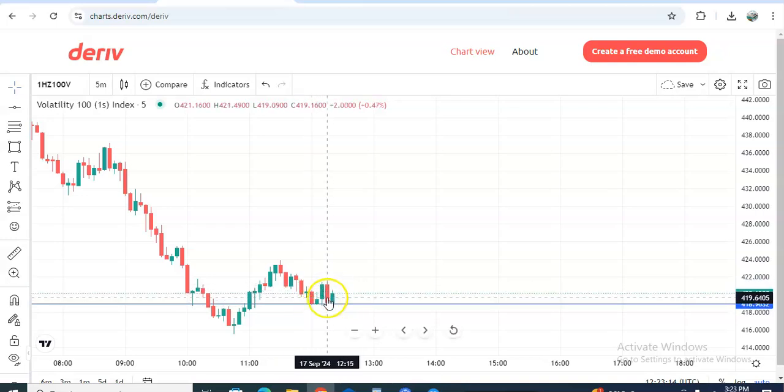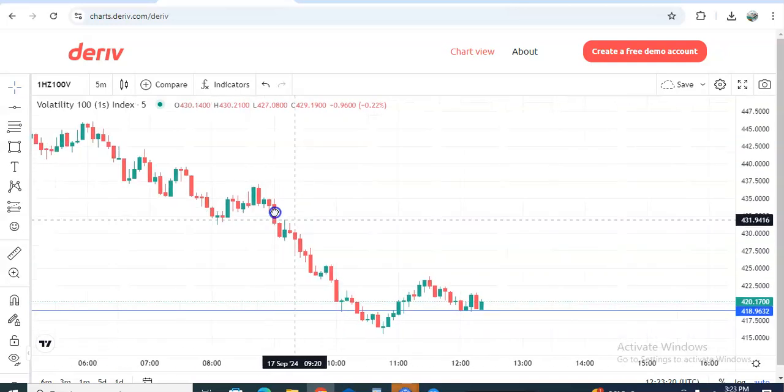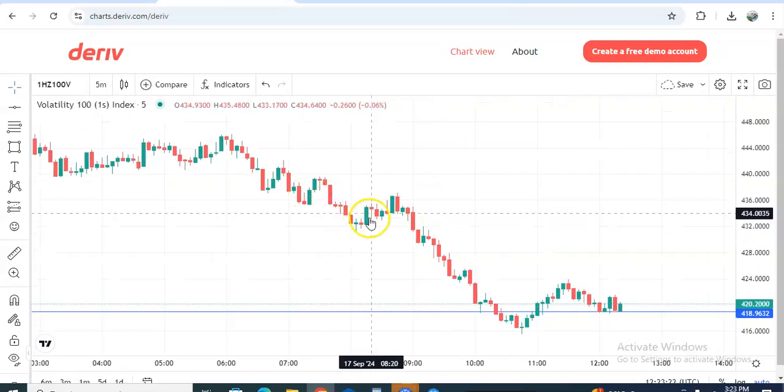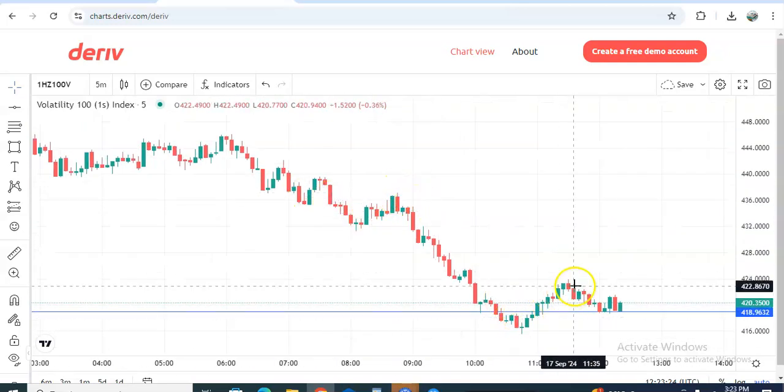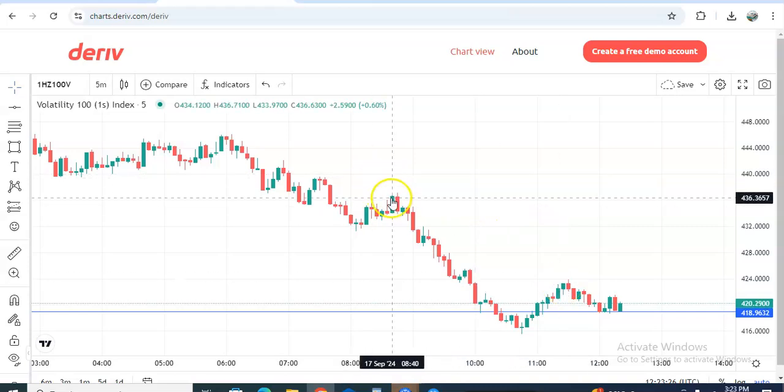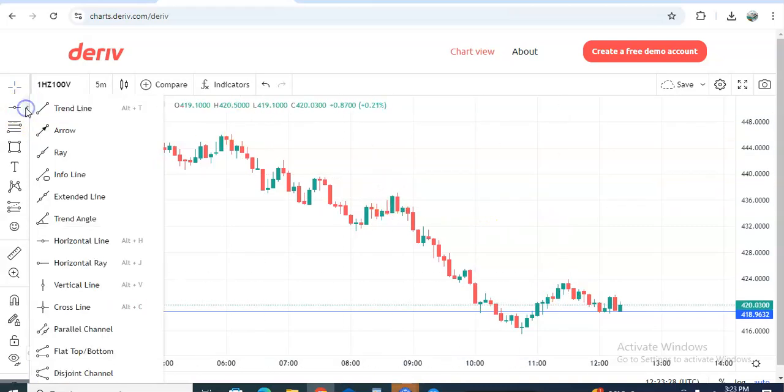It was going up, then this candle came down, so it might be going up, down, higher high, lower low, lower high. Let me draw a trend line so that we can know.